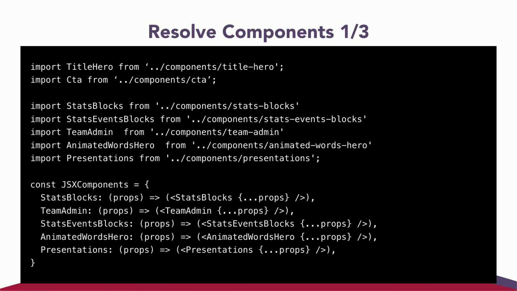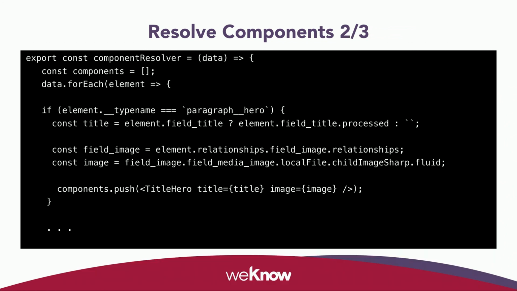There is a JavaScript file which contains all of the imports that I need, all of the React components I want to build. Whenever the current element that I'm iterating, the fragment that I'm calling, might be paragraph hero, I start extracting data from that particular element of the array on the current iteration, getting all those values, mapping them, and creating my React component.